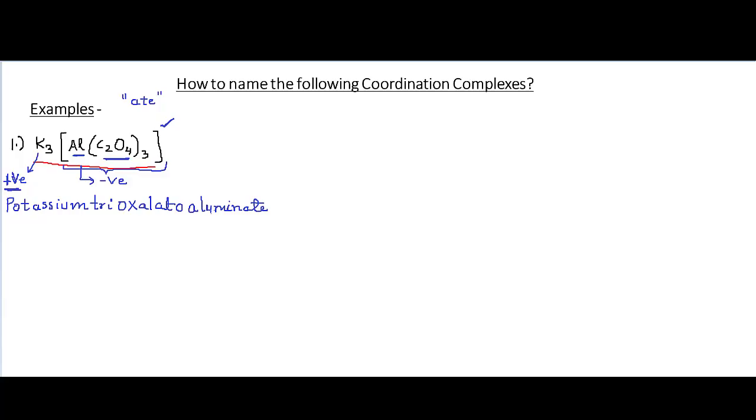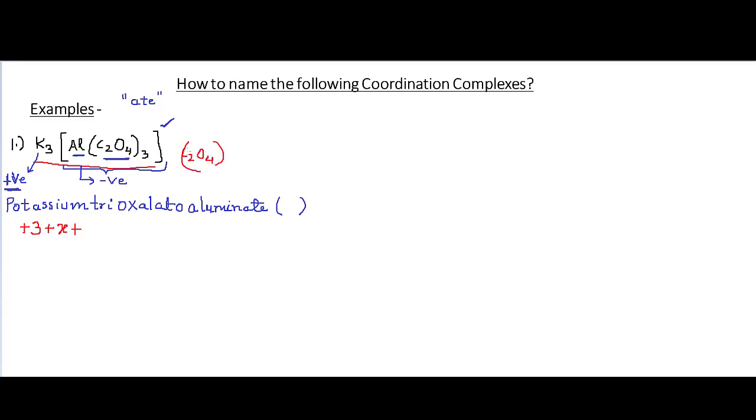After this, we have to write the oxidation state of the central metal ion. Let's calculate it quickly. Potassium is plus 1 charge, so 3 times potassium is plus 3, plus aluminium, let's keep it as x, the unknown, plus oxalate, just like sulfate, has charge minus 2.